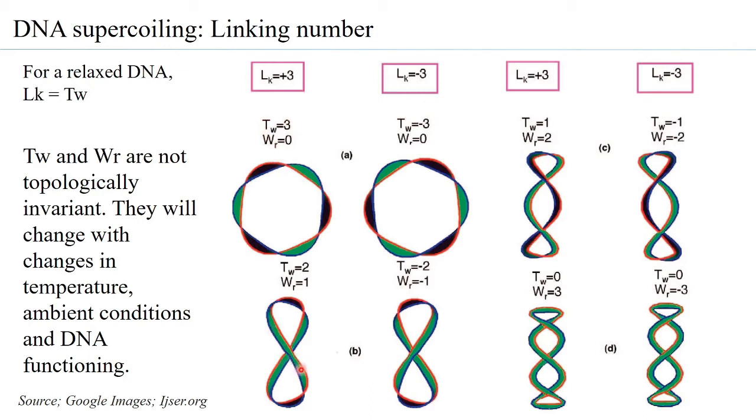That means the helical axis has crossed the other helical axis. So the helical axis has bent from its normal. Therefore, one writhe is added. If one writhe is added, twisting number will decrease by 1, because ultimately 2 plus 1 will always have to give 3, because we are considering linking number as invariant.